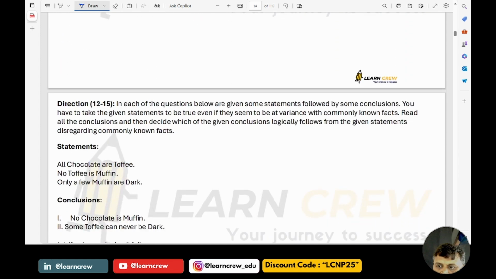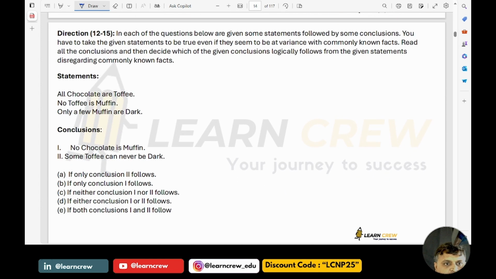Now next one. Questions based on syllogism. All chocolates are toffees. No toffee is muffin. Only a few means only some, not all. Only a few muffin are dark. So this muffin has no relation with these two, but these two can have relation with this.